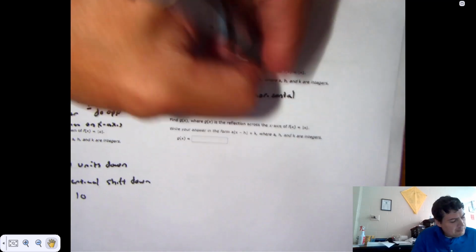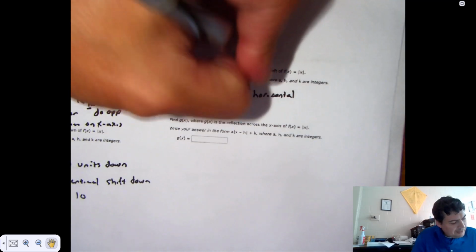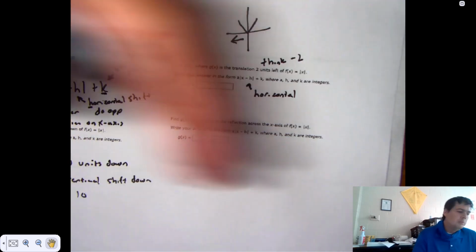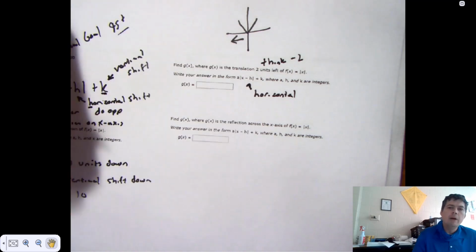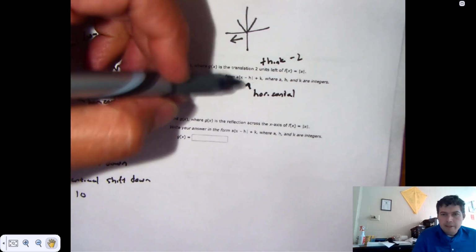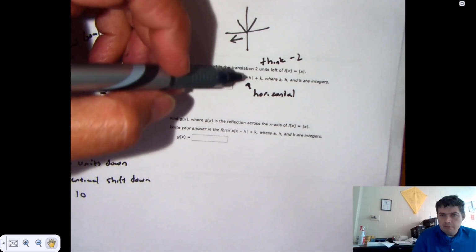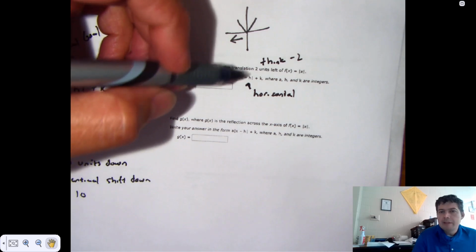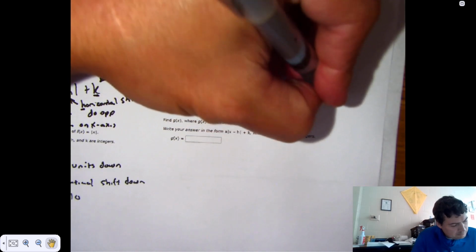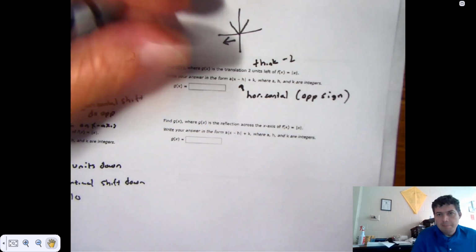You know, when I start talking about 2 units left, I think -2. Because think about a number line. You're moving to the left. You're kind of taking away. I think -2. But when I put it in here, I have to have opposite sign. That's how it works, kids. Opposite sign.